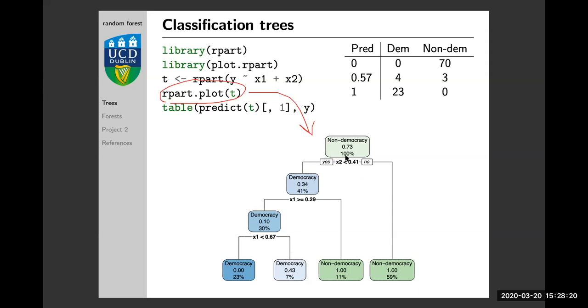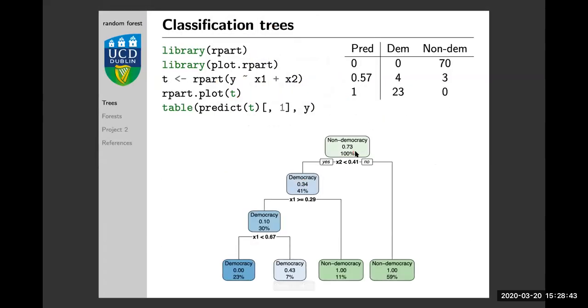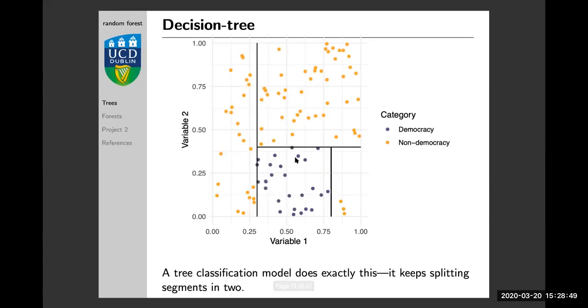Here, in this first box, it says that we predict a non-democracy, because if we don't know anything about any of the variables, as you will maybe remember, let me go back to the diagram. If we don't know anything, we have far more non-democracies here than democracies. So if we don't know any decision boundary and we had to guess, we would guess that it's a non-democracy. However, if we know that x2 is less than 0.4, we know that we're below this horizontal bar here.